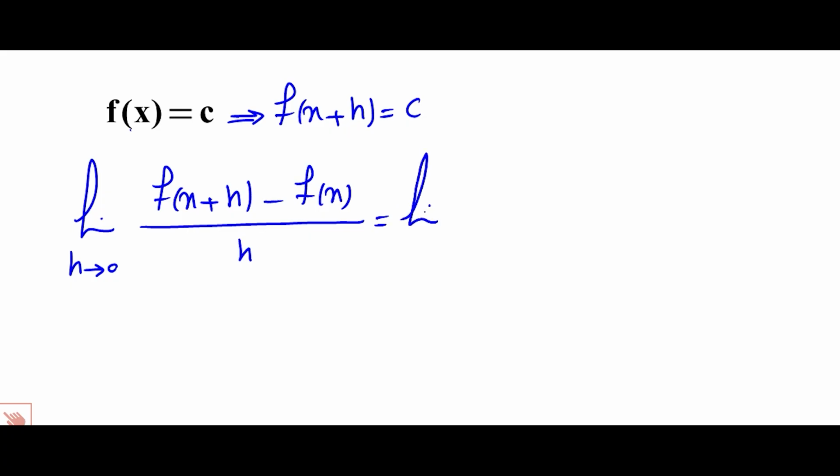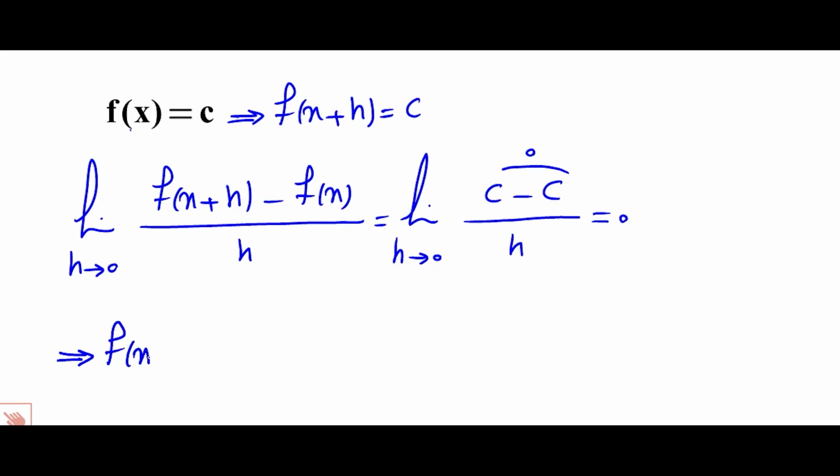We have f of x plus h is equal to c, minus f of x, which is c, over h. So in the numerator we have 0, and the denominator h is approaching 0. So this fraction is 0. So we say if f of x is any constant, the derivative of f of x is equal to 0.